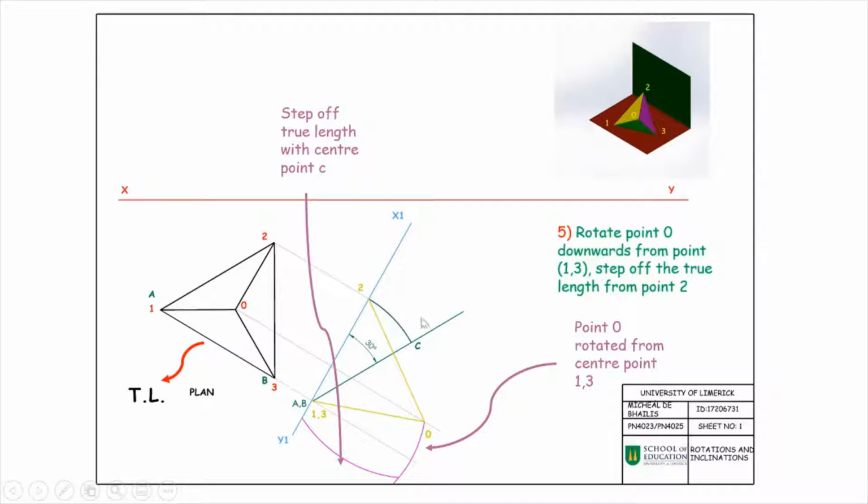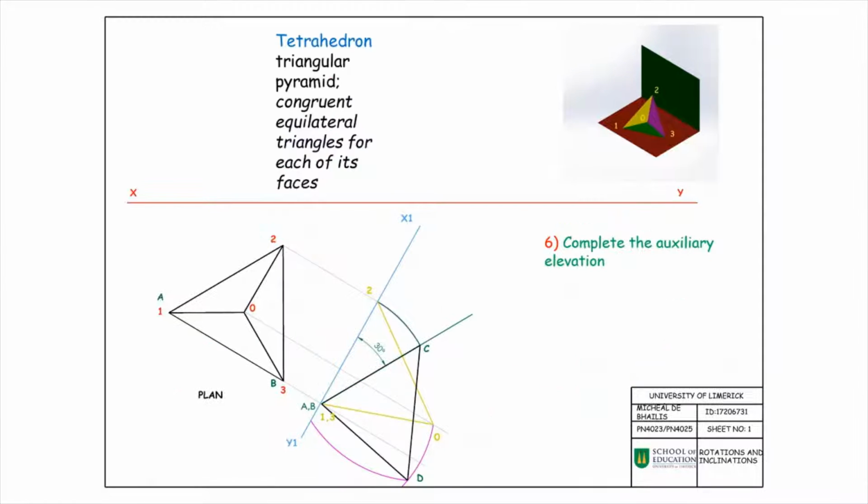So to complete the auxiliary elevation, we need to take the true length, which is 80 millimeters, or the length of the line 1,3, and swing an arc from center point C, and we need to rotate point 0 from center point 1,3, the new annotation AB, and where the two intersect will give us our completed auxiliary elevation.